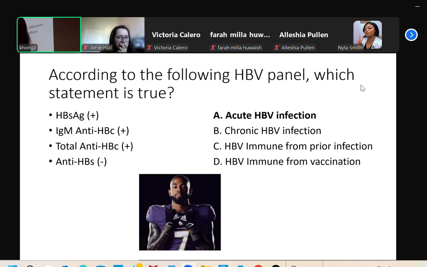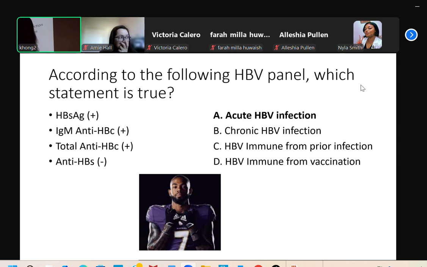If IgM was negative, it would be chronic, right? If this were a negative instead, and 6 months. You can infer that it wouldn't be by definition chronic, but it would indicate to you that it was chronic Hep B infection.